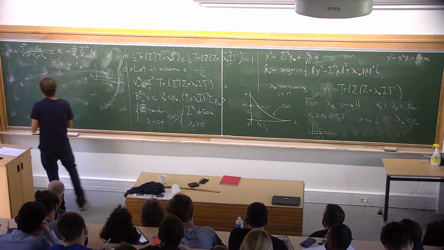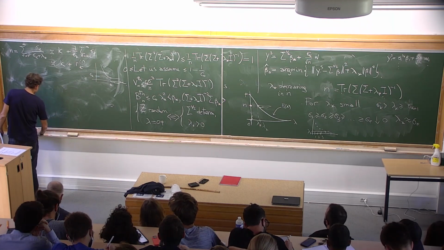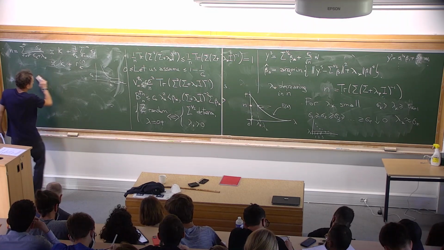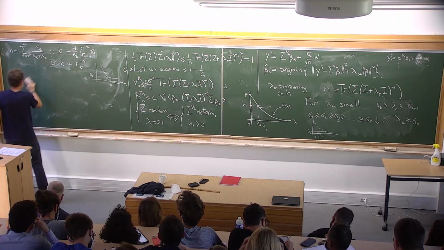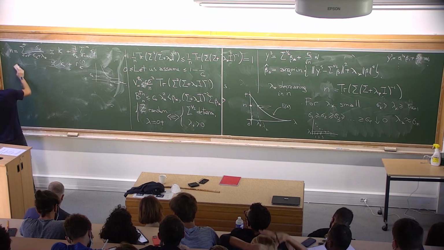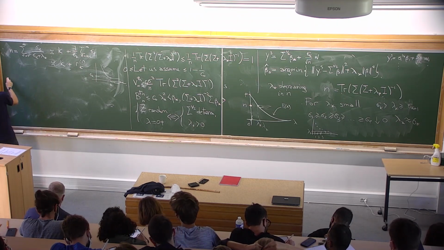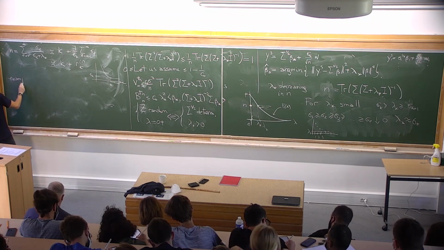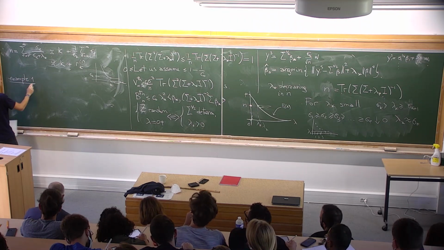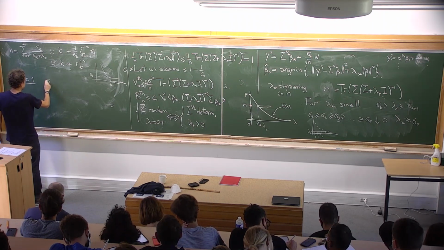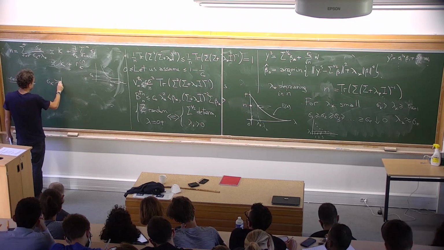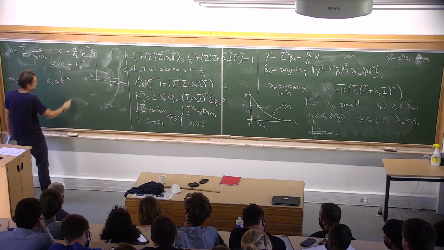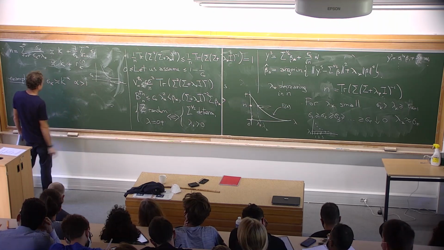Let me give you a couple of examples. Let's say that sigma k goes like k to the minus alpha for some alpha bigger than 1.